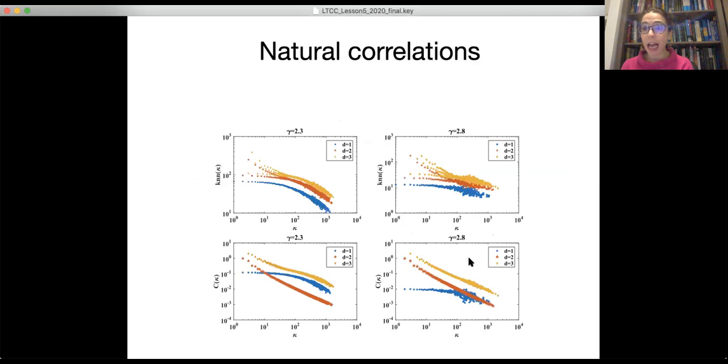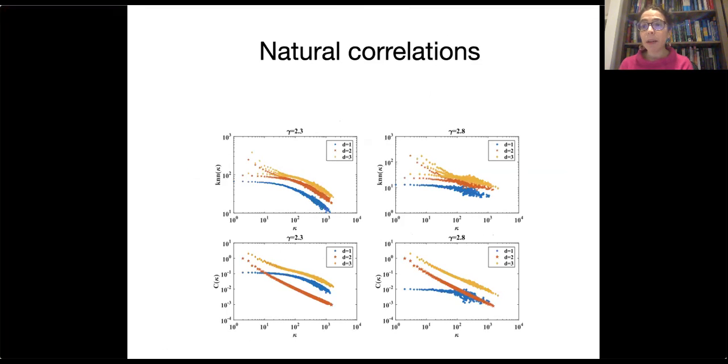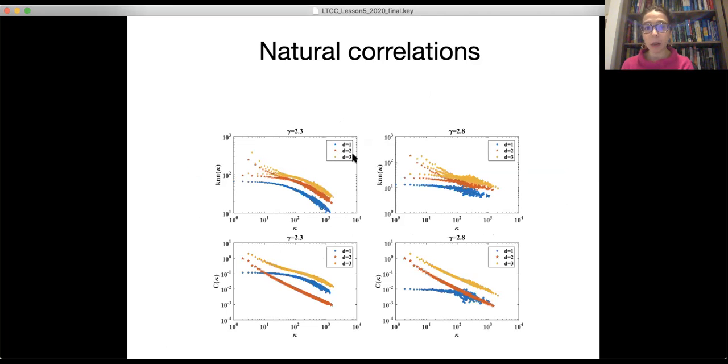So this model has natural correlations, even more significant than the natural correlations in a network. You can compare here the d equal to 1 case, a network, with the d equal to 2 and d equal to 3 cases. Most importantly, these correlations are quite severe if we look at the average clustering coefficient of a node of generalized degree kappa versus kappa.